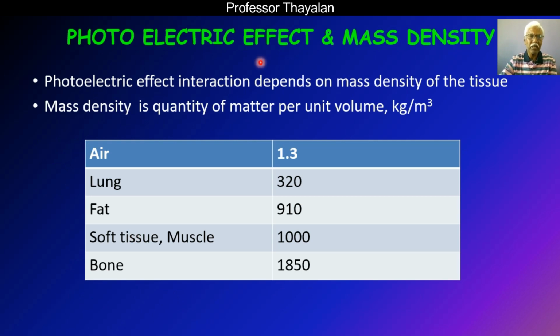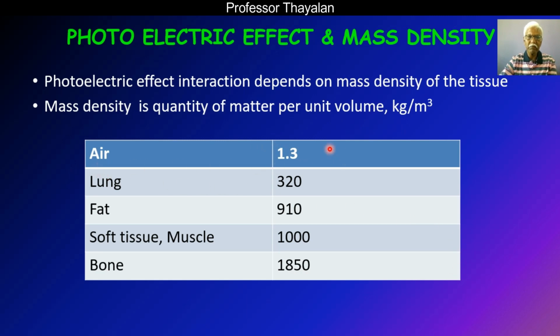Let us see the relationship between photoelectric effect and mass density. Photoelectric effect interaction depends on the mass density of the tissue also. What is mass density? It is the quantity of matter per unit volume, expressed in kilograms per meter cubed. Let us see the mass density values of different materials.